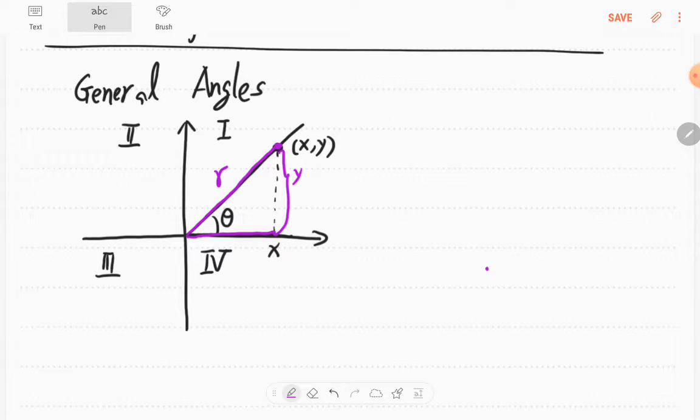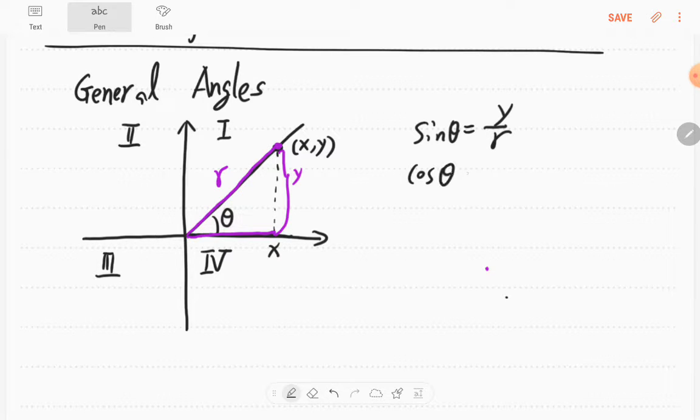So our sine theta is equal to the opposite over the hypotenuse. The opposite is y, the hypotenuse is R. R is the distance between the origin and the arbitrary point.